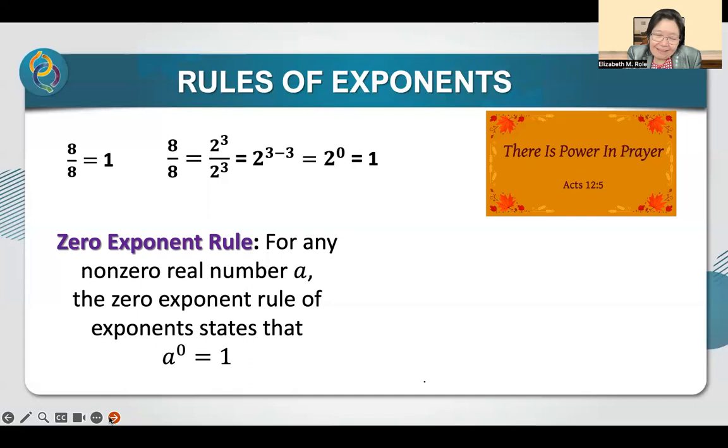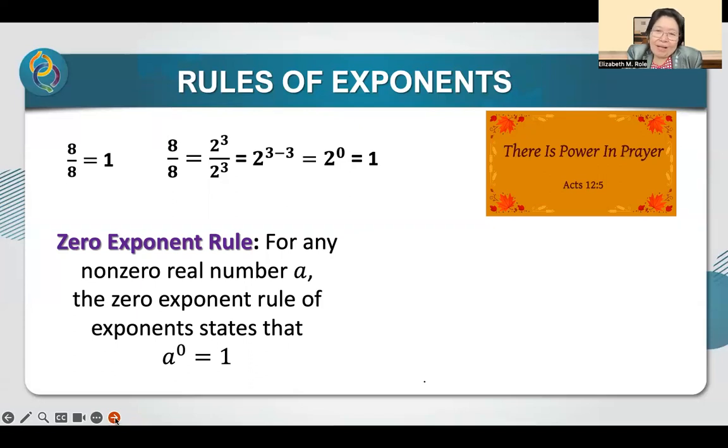So if you do not have prayer, therefore, your power is 0. And if your power is 0, then you will just be alone. Okay? So I just feel like, wow, this zero exponent rule. Anybody raised to a 0 power is 1, which is alone.